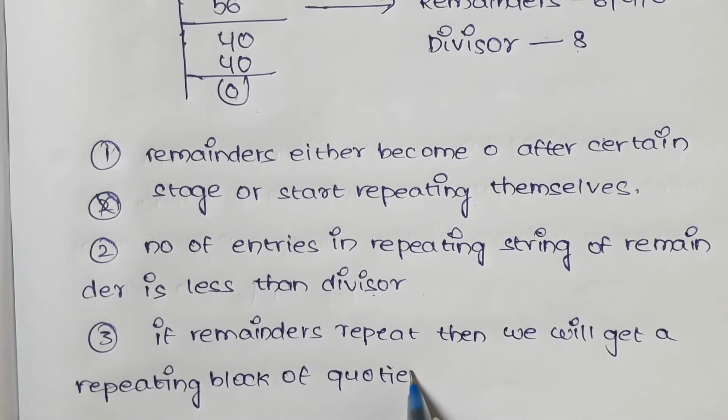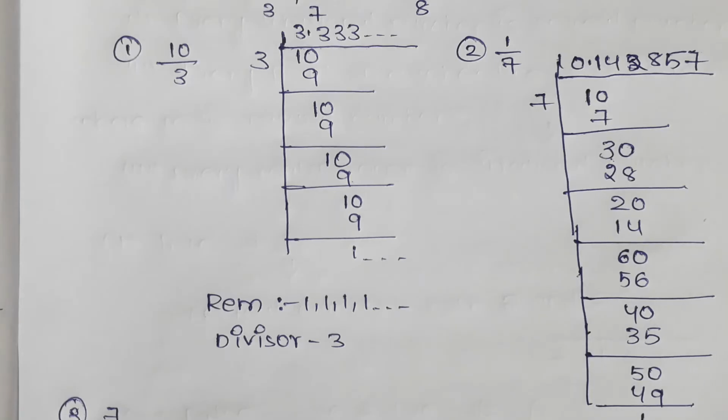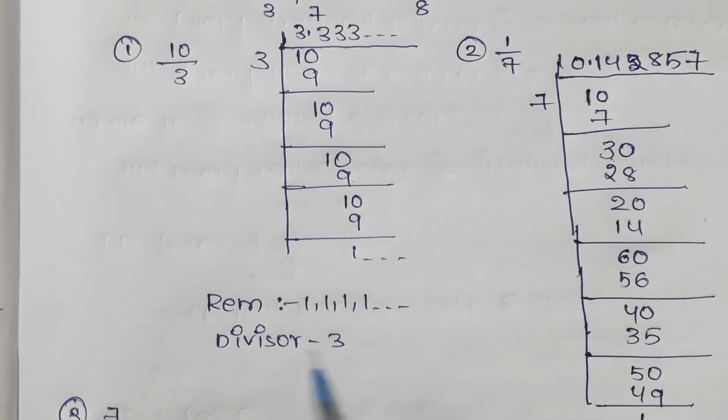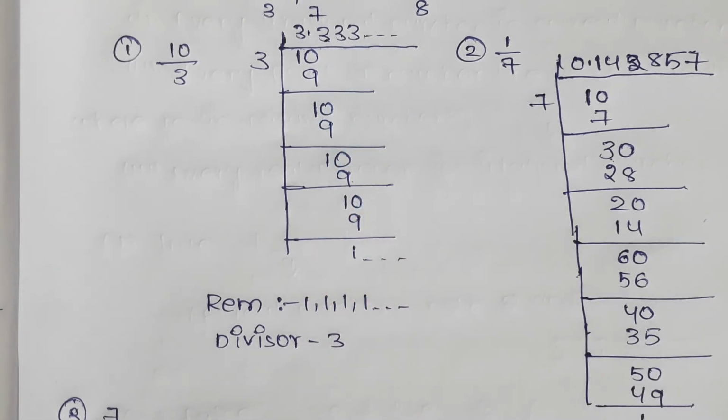When in the remainder we get continuous repeating strings, then in the quotient also we will get repeating digits. Let us see about it. Here in this example, 10 by 3, we have remainders 3, 10, and here 1 is continuously repeating and goes on. And in the quotient we got 3, 3, 3, continuous repeating digits of the quotient, and this is about the third point.